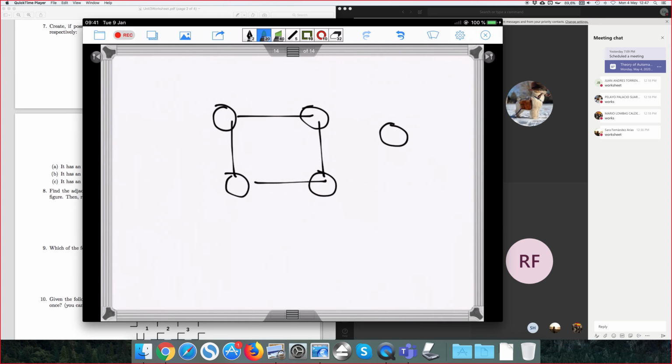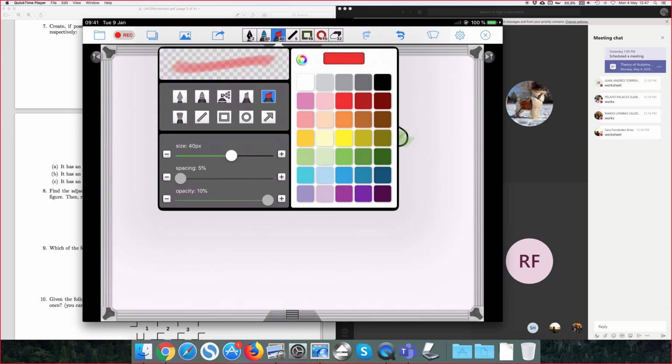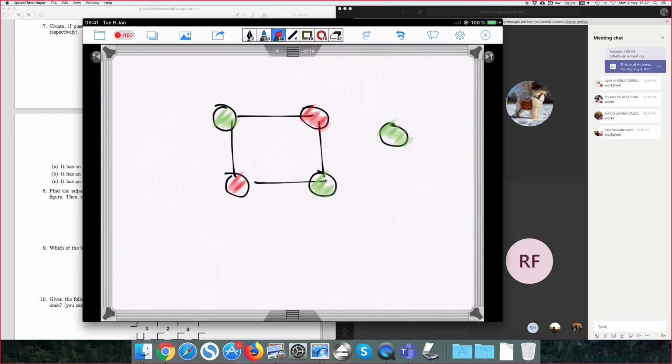Okay, and this graph, of course, is two colorable because I can use, for instance, colors red and green in this way to obtain a two coloring of the graph, and it's Eulerian because the cycle that goes from 1 to 2 to 3 to 4 and to 1 uses all the edges once and only once.